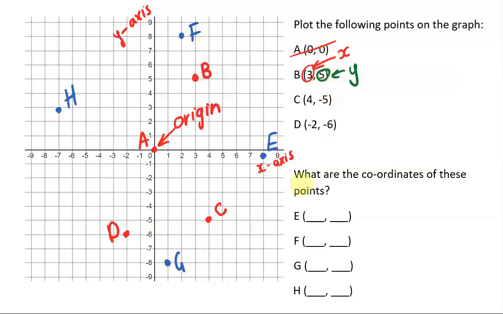The second part of this question asks us, what are the coordinates of these points? So there are some points already plotted on our plane. First one is point E, which is plotted here. Now, if we have a look at this point, we need to write its x-coordinate first and then its y-coordinate. So its x-coordinate is how far along the x-axis it is. Well, it's at the point 8. It's on this 8 line.